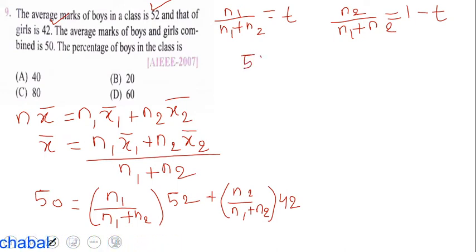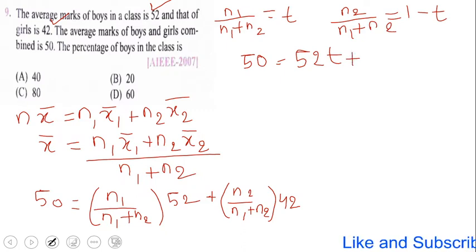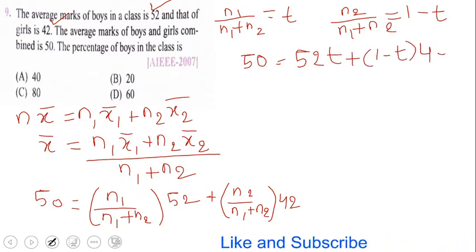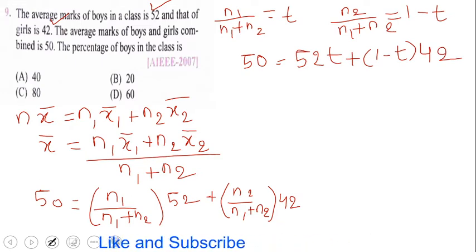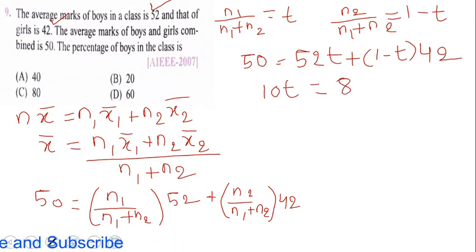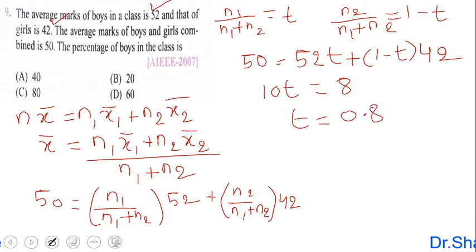We get 50 equal to 52 times t plus 1 minus t times 42. Then we will simplify this. Simplifying, we get 10t equal to 8. So the t value we are going to get is 0.8 here.